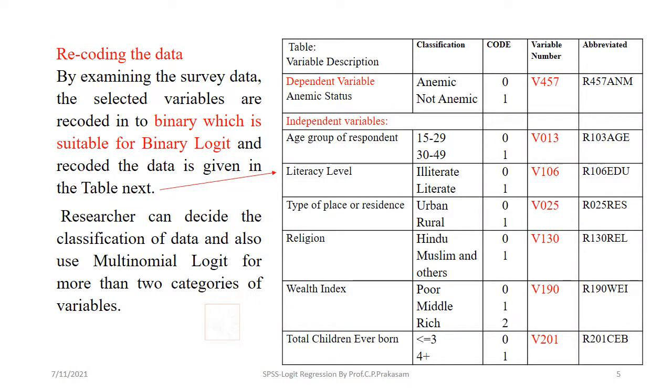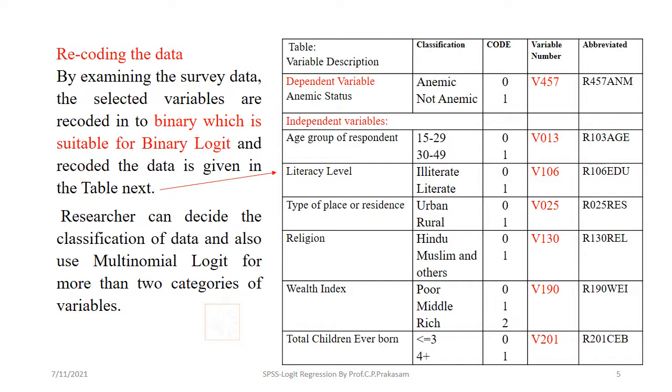Before running it, we have to classify and code the variables as either binary or multinomial. Here we will do the binary logit. Therefore, the selected variables are recoded into binary, and the recoded data is given in the table on the right side.